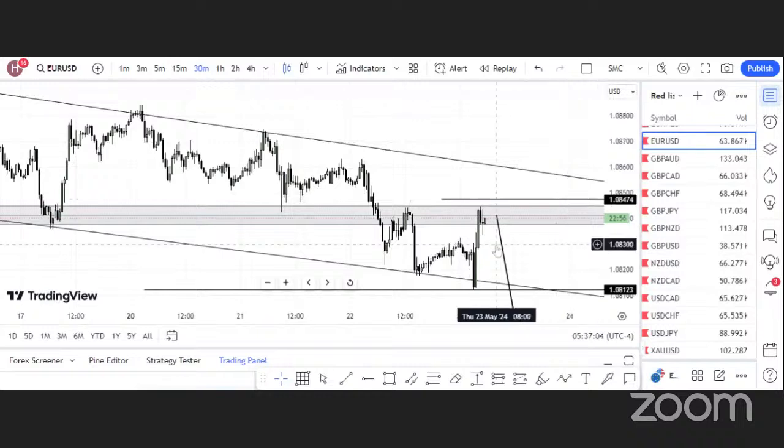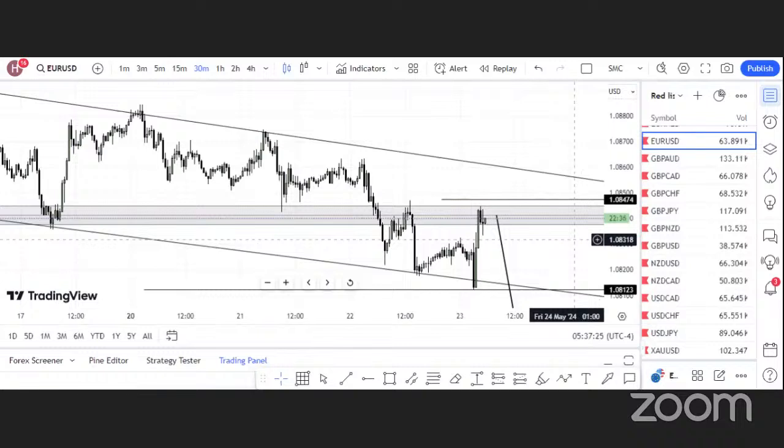So if you notice, when I gave the signal where I said Euro USD, I'm expecting a sell on Euro USD from this point. I said my stop loss is going to be here, and that was when I called out the number, which is 1.08474, and then I said my take profit will be here. Then I also called the number, which is 1.08123.